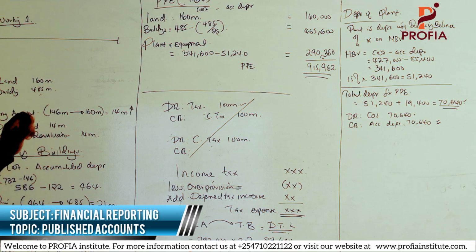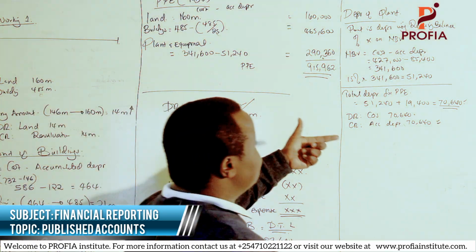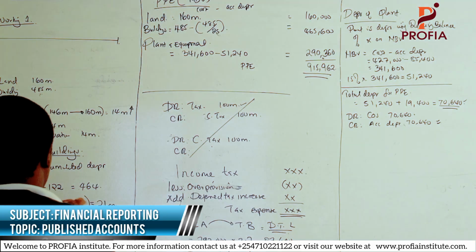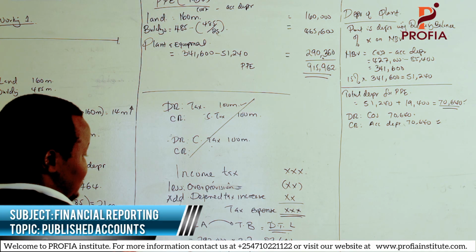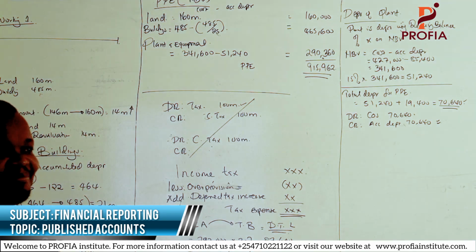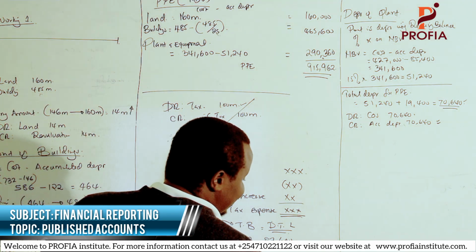It is for the new buildings. You look at the item that has an item of depreciation. So tungekuja tuseme, what was the gain? It is here 21 times 30%. Tungeiweka hapo.